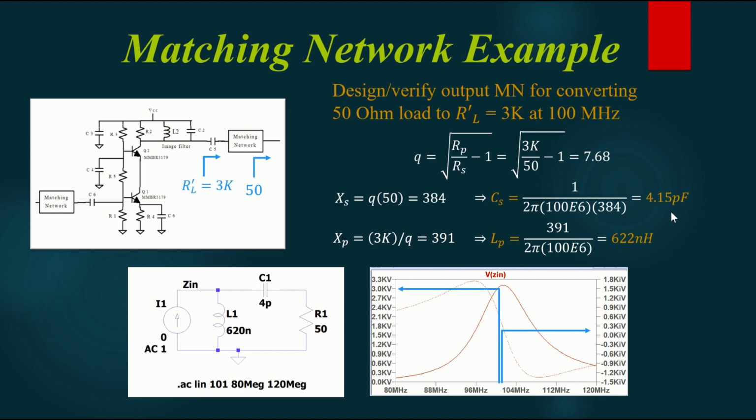Well, you can't buy a 4.15 picofarad capacitor, so I just changed that to 4 pico. This is the schematic I'm using in the sim. And 622 nanohenries sounds way too exact, so I just changed it to 620 nanohenries for the sim. And hopefully, if we did this right, this L matching network will change our 50 ohms into 3K as seen looking in from the left side. So that's what we're showing up here on the schematic.